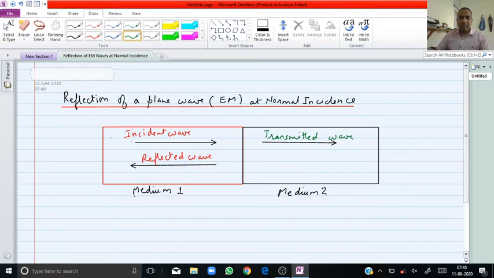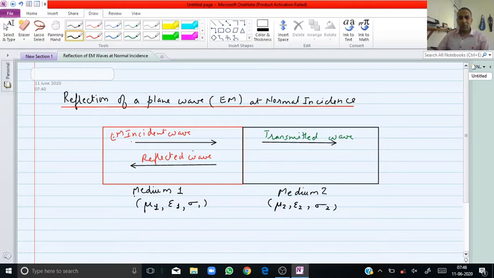Now, whenever an EM wave is incident from one media to another media, then due to the difference in properties of these two media, that is mu1, epsilon 1 and sigma 1 of medium 1 and mu2, epsilon 2 and sigma 2 of medium 2, due to these values, the incident wave will get reflected back from the interface, and part of this incident wave will be transmitted to the other side, that is medium 2.